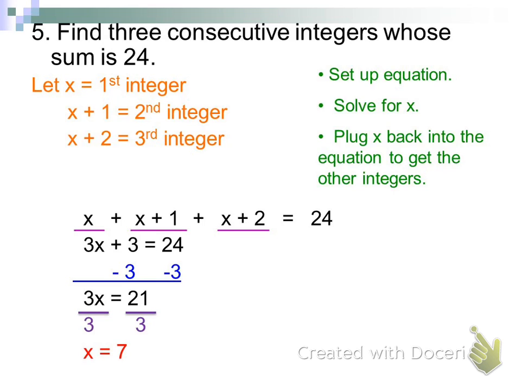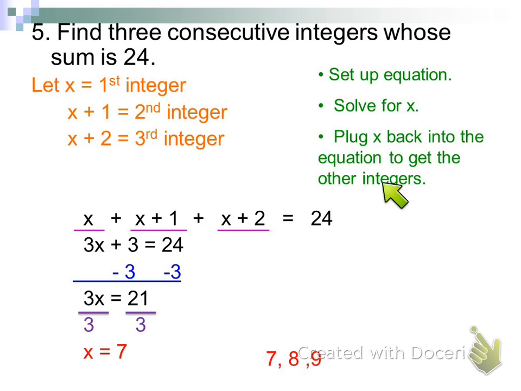7. Good. Now, consecutive integers is a fancy way to say numbers right in a row. So if you start at 7, 8 and 9. Good. So our directions over here say to plug it back into these equations to figure out what the second and the third ones are.